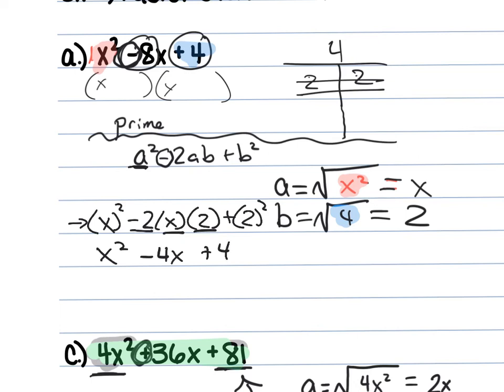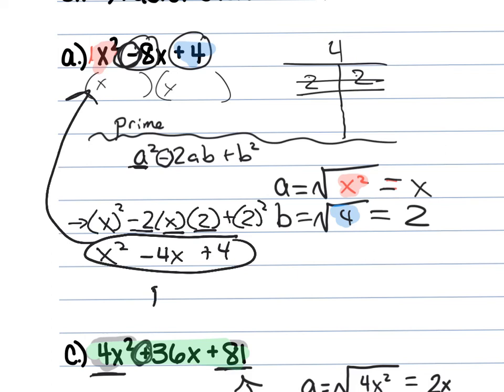So why do I feel like this one is not going to work? This is not the same thing as that. These are two totally different things. And that means this second method will not work either, so don't go for it. This is definitely prime. What I mean is that it didn't matter which route you took here. As long as you did your math correctly, you're still going to end up as prime. It is not factorable by these methods that we know now.